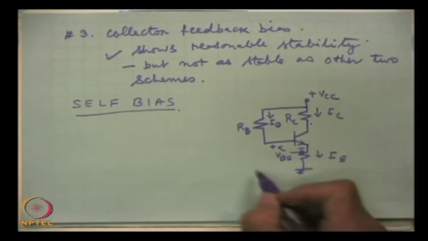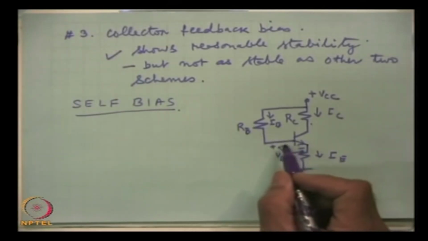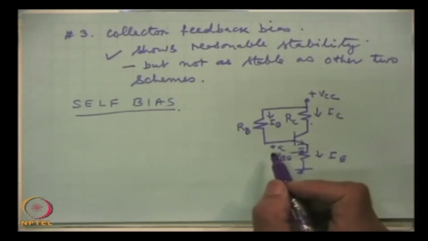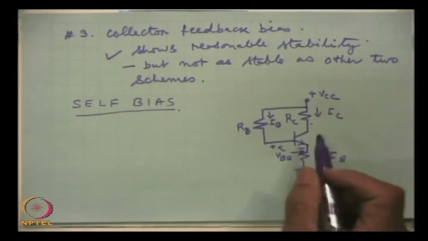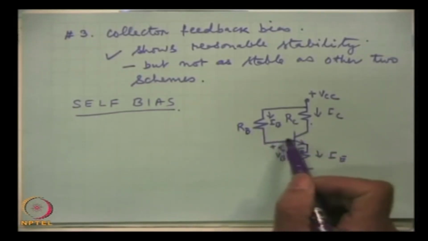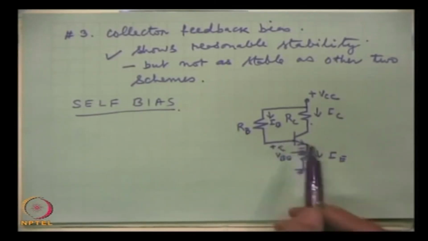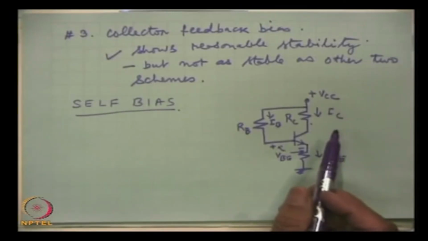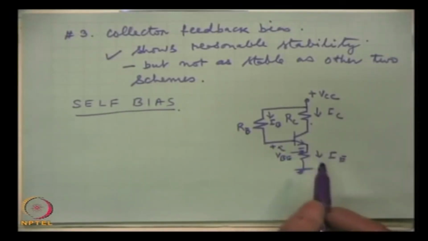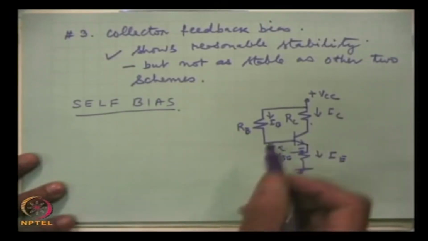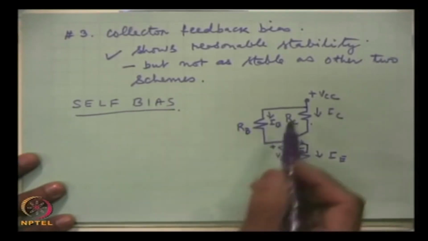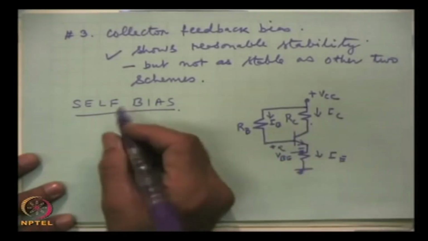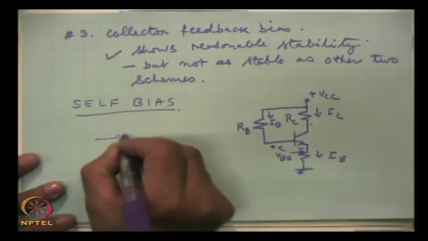Now, this will be the part of the input circuit, and I will show you how the input current, finally what is going on in the transistor base lead here, will be dependent on the collector current. So, let me redraw just for the input case. I draw this circuit.